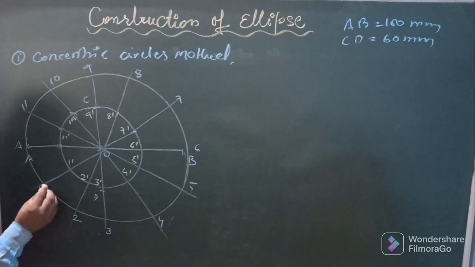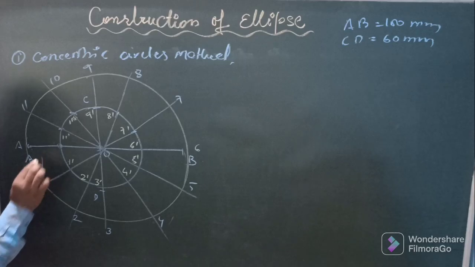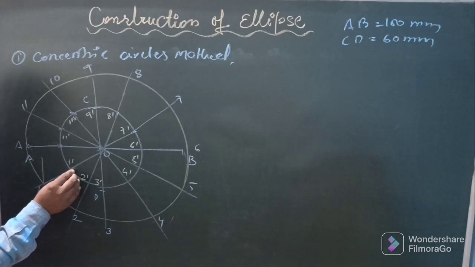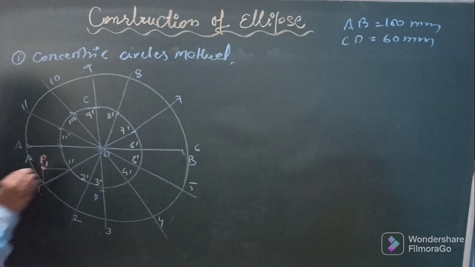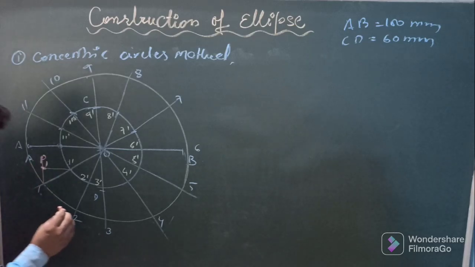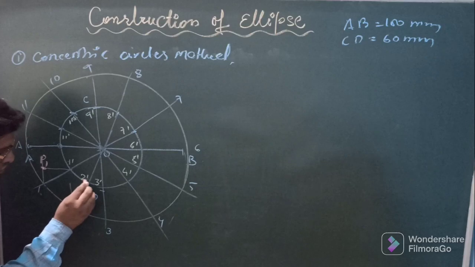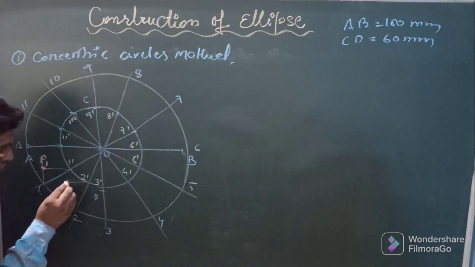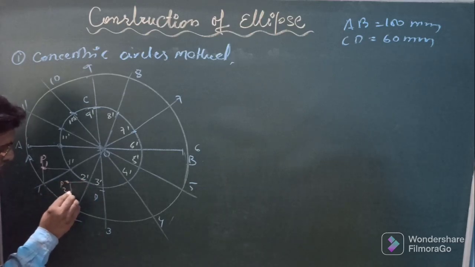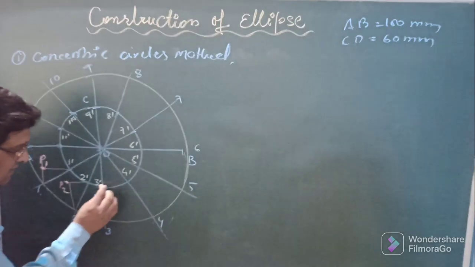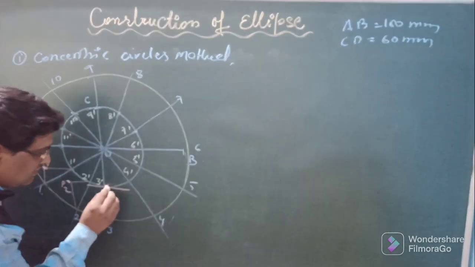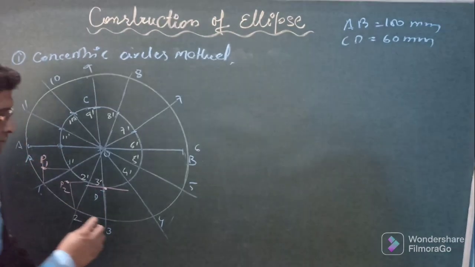Draw a vertical line from 1 and a horizontal line from 1 dash so as to get point P1. Similarly, a vertical line from 2 and a horizontal line from 2 dash, so P2 will be obtained. Then a vertical line from 3 and a horizontal line from 3 dash, this point will be obtained.